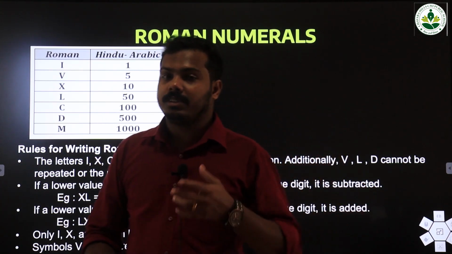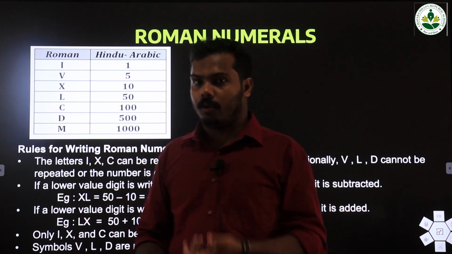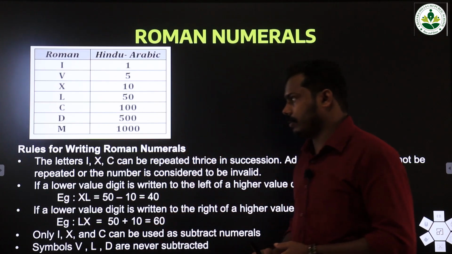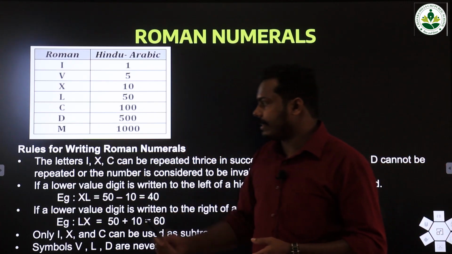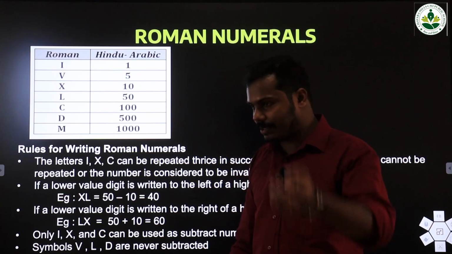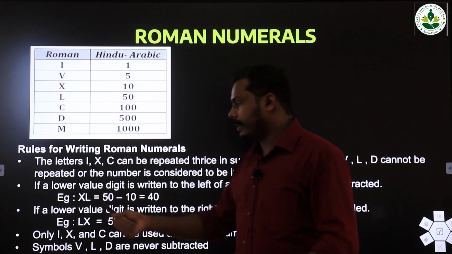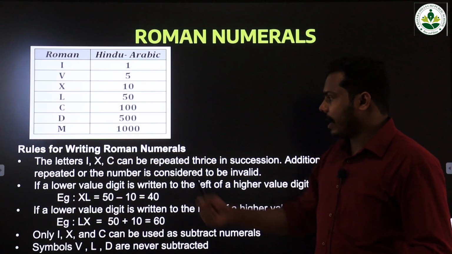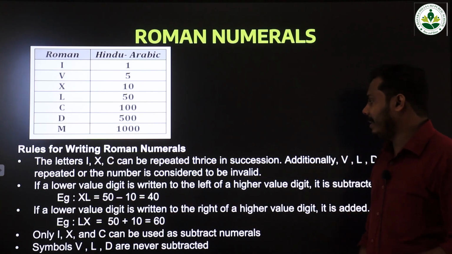There are also certain rules for writing Roman numerals. The letters I, X, C, that means 1, 10, 100, can be repeated thrice in succession.